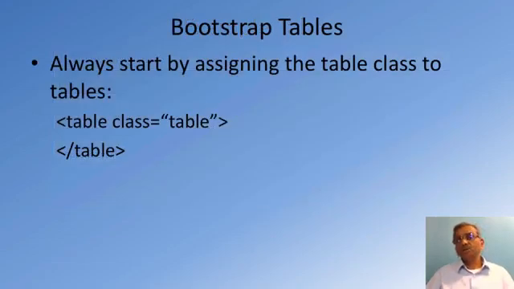Table use in Bootstrap-based web pages is similar to how you use tables in standard HTML pages, but of course you apply the class table, which is supported in Bootstrap, to a standard table tag.